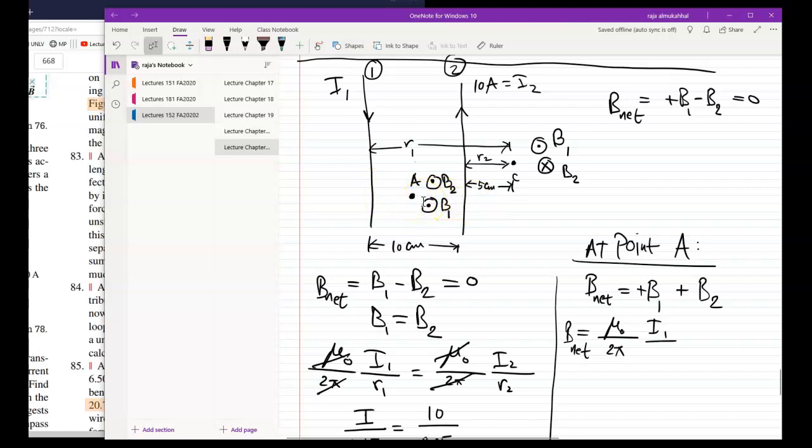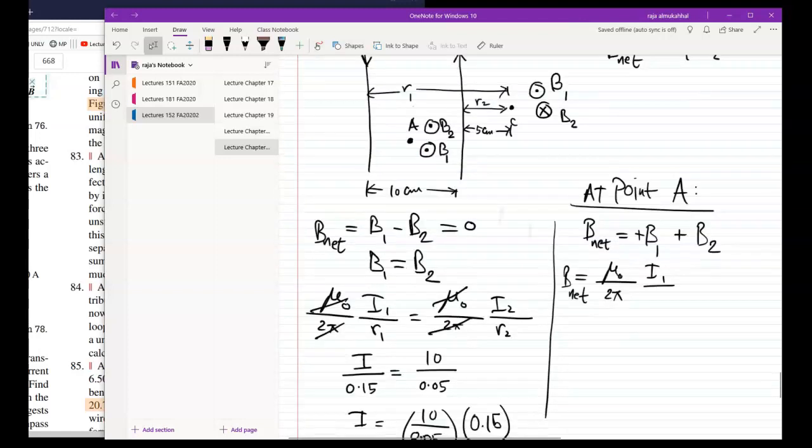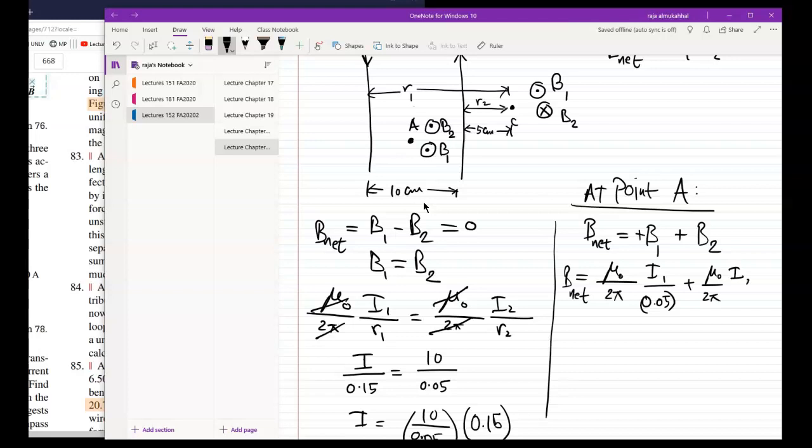They both have 5 centimeters. You see what I'm saying? So that's going to be I1 over 5 centimeters, which is 0.05, right? Plus mu naught over 2 pi I2 over 0.05 as well. Both positive, guys, right? Because they're both pointing outward.